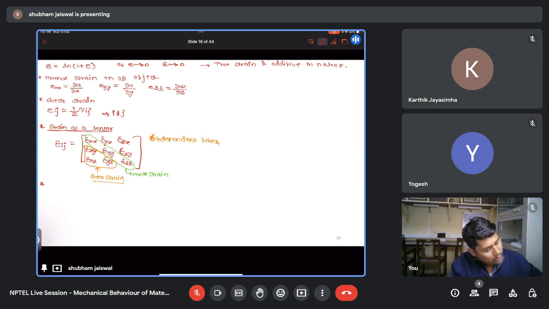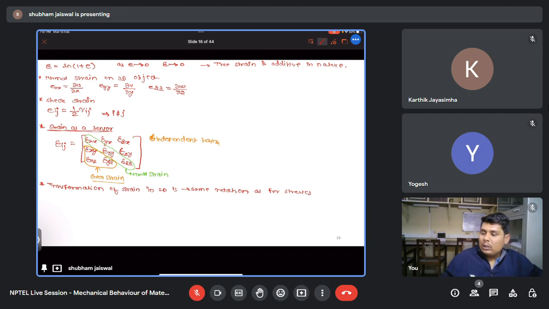So in simple words, the strain transformation in 2D has the same relation as for stresses. After that we have seen Hooke's law in tensor form.